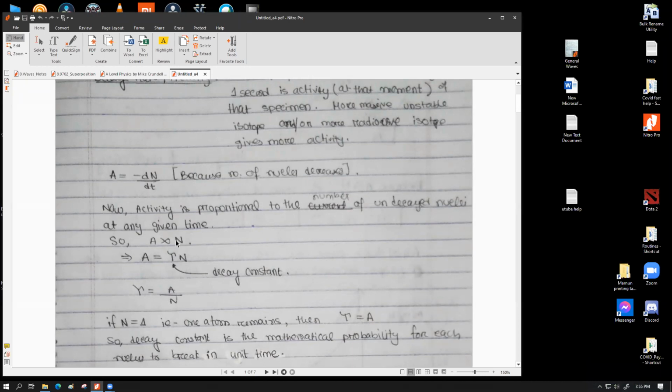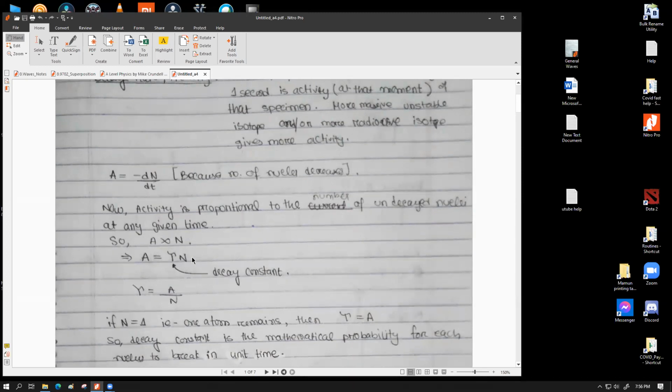And just to make this into an equation, we can bring about a proportionality constant, which is labeled as the decay constant. This decay constant looks like a tau, but it is not supposed to be tau, it's supposed to be lambda. Maybe it was my bad handwriting, or maybe it's the students' handwriting. Irrespective, I take the blame because I'm using this material. This is supposed to be lambda.